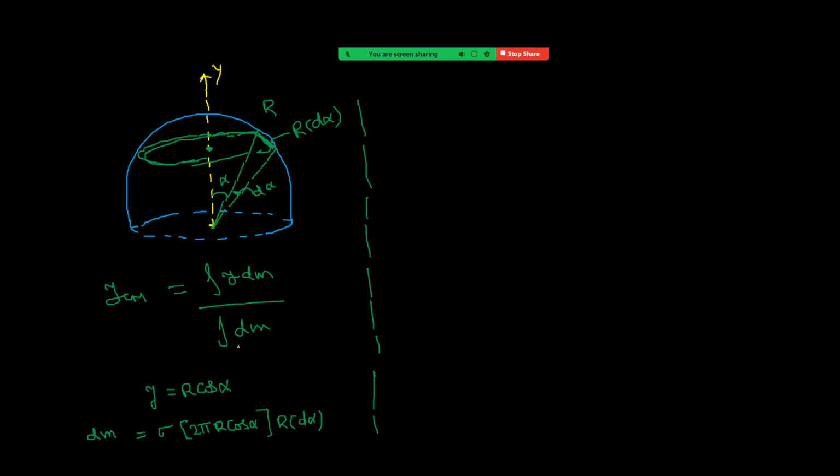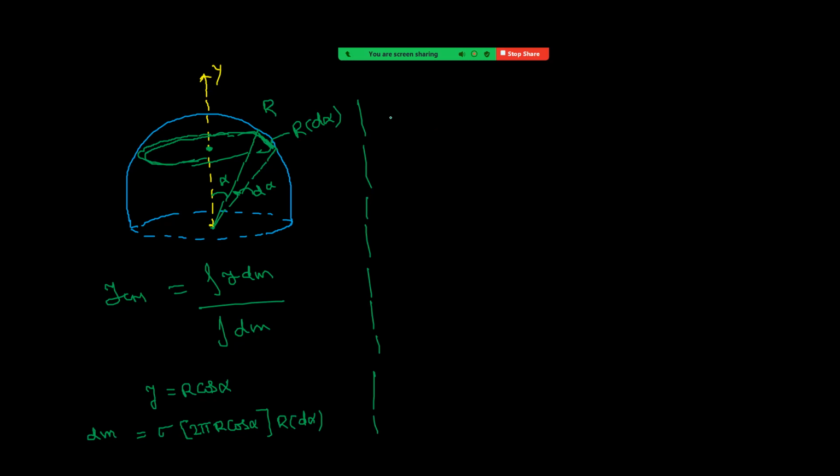And see while substituting dm, sigma constant, 2 pi constant, r and r, right? That means see what we can cancel directly without substituting there. Sigma constant, 2 pi r and r constant. Remaining is only cos alpha d alpha, because dm anyhow gets cancelled there.